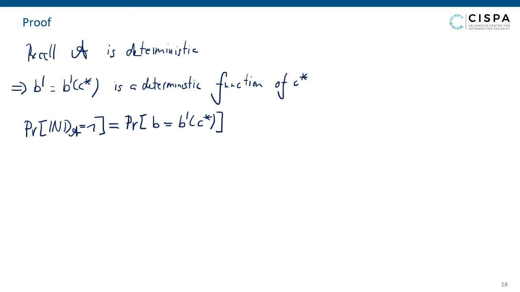And how can we go about computing this? Well, this B prime depends on C star, so let's use the law of total probability over all possible ciphertexts C. So we go over all C in the ciphertext space, and write this as the probability of B equals B prime of C star, conditioned on C star equals C, times probability C star equals C.